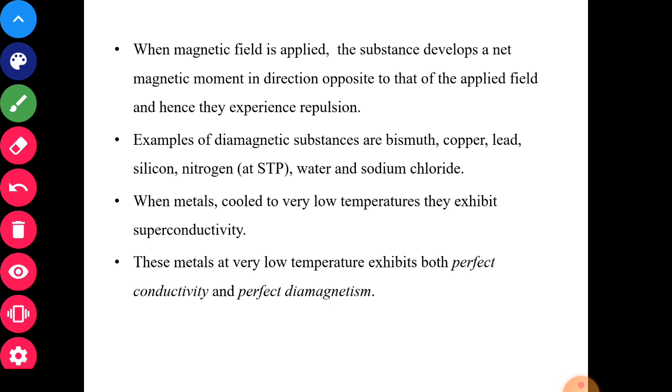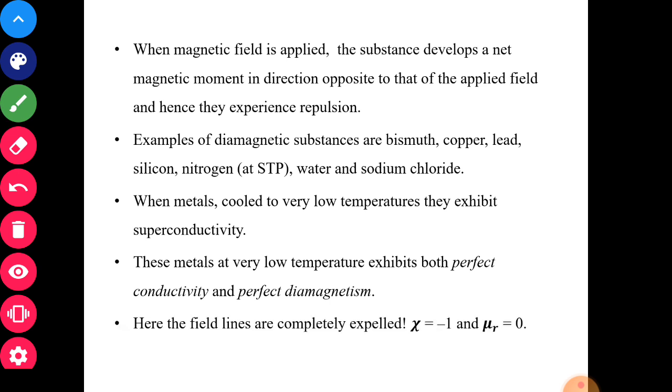These metals at very low temperature exhibit both perfect conductivity and perfect diamagnetism. It is a perfect conductor with negligible resistance, and it behaves as a perfect diamagnetic substance also.